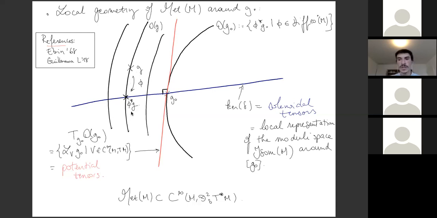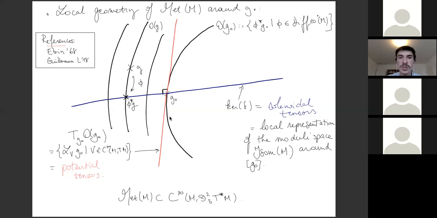In other words, if you take a metric G in a neighborhood of G0, you're always able to find a diffeomorphism phi such that phi star of G belongs to this blue space of solenoidal tensors. What this says is that the set of solenoidal tensors is a local representation for the moduli space of isometry classes around G0. If you want, it's a local chart for the moduli space of isometry classes.